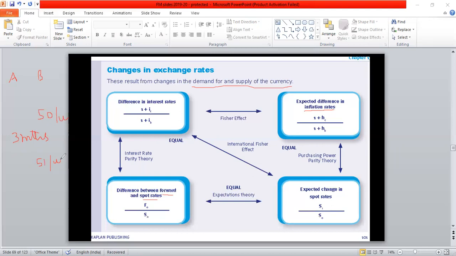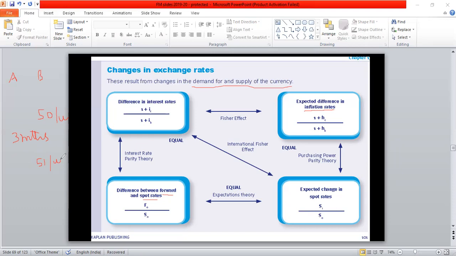As on May 1, whatever is the rate prevailing there, these are expected, anticipated, that a rate would prevail as on May 1. As on every particular date, there are expected values. So we call them expected spot rates, expecting that they enter into an agreement.